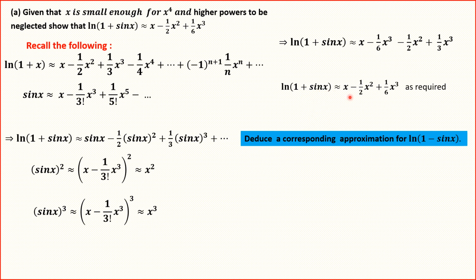Replacing x by negative x, we get the expansion directly. This one remains positive, the negative sign stands, and when a negative number is raised to an odd power, the number becomes negative, right? So it will just be negative x cube. That's the deduction that we can make from this.